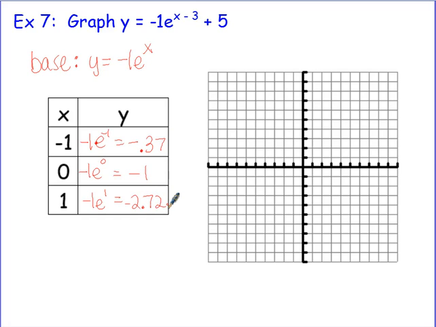So let's take a look at what these points look like. Left 1, down not quite halfway. No left and right, but go down 1. Right 1, down 2.72.